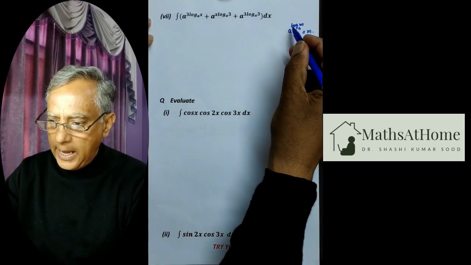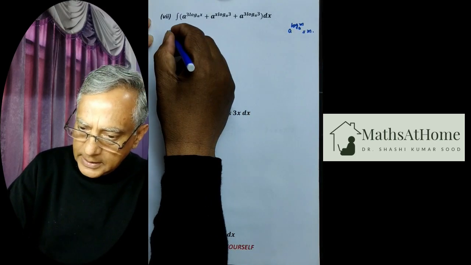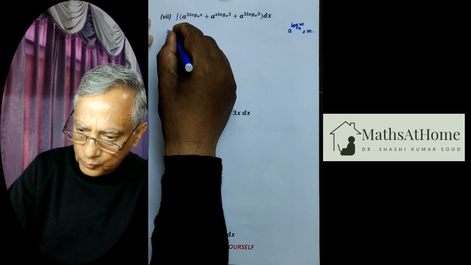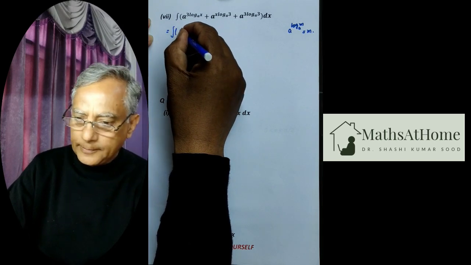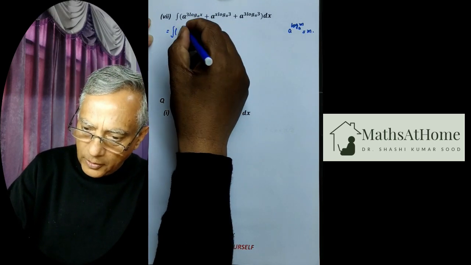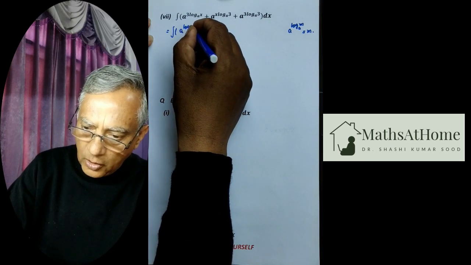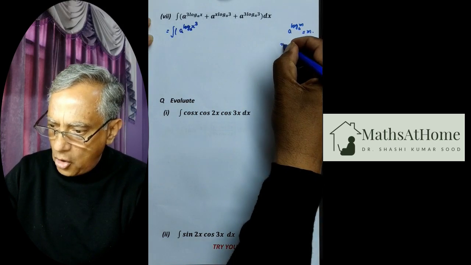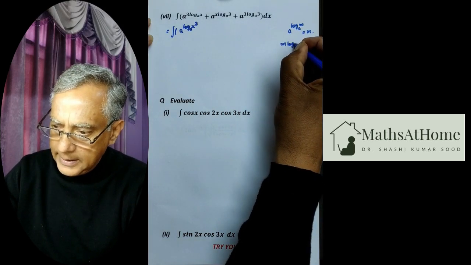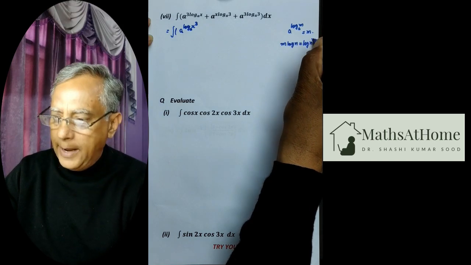So this is equal to the integral of a to the power of log a x to the power of 3, because we know m log n is log n to the power of m.